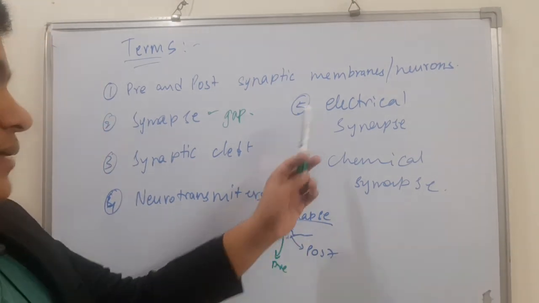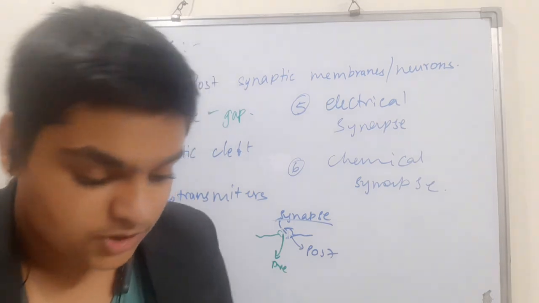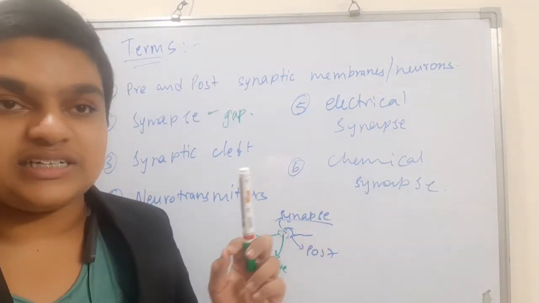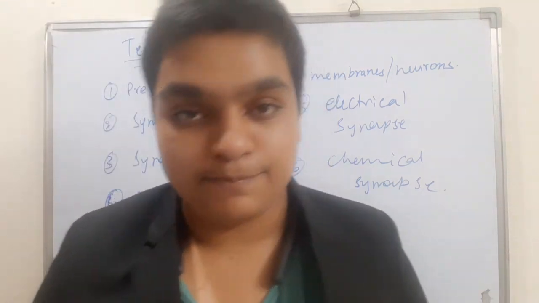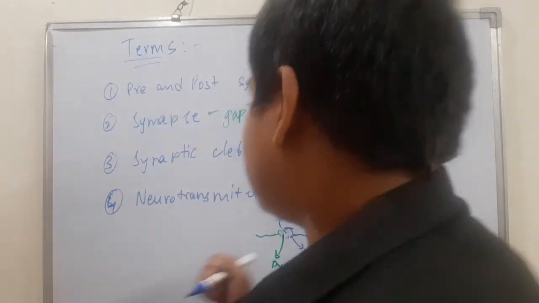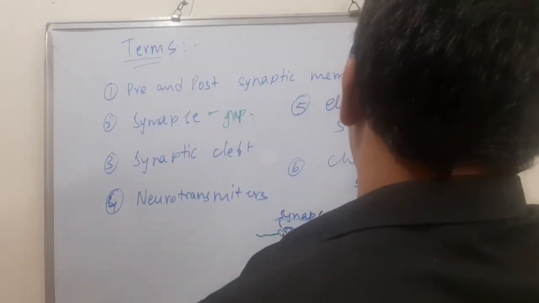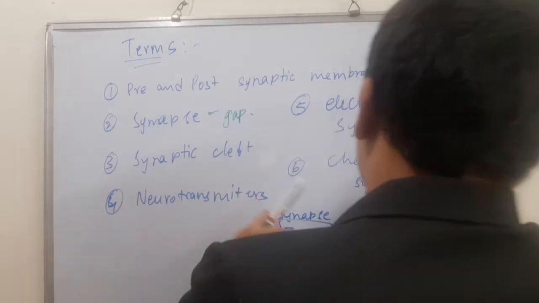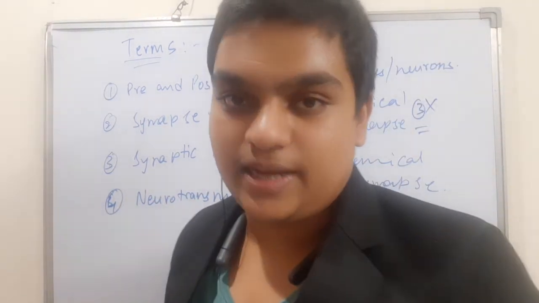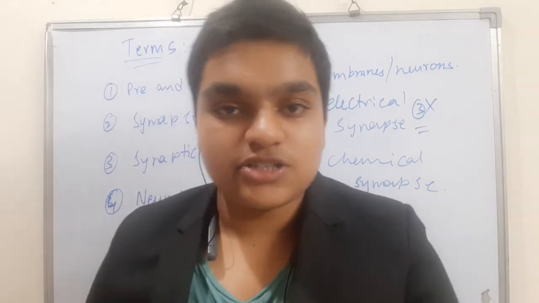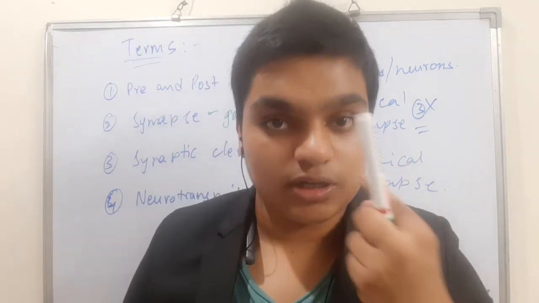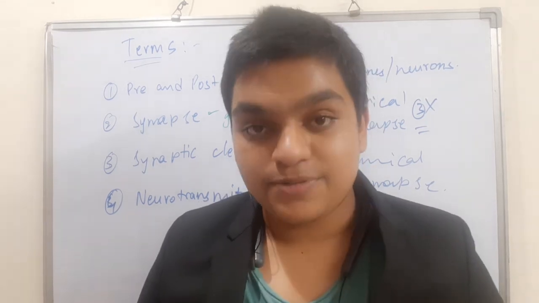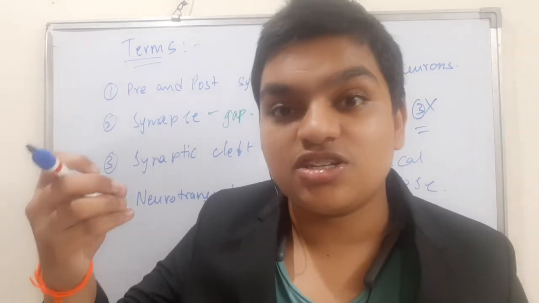Now coming to the electrical synapse and chemical synapse. The electrical synapse is a type of synapse in which the synaptic cleft, the third part, is absent. So there is no use of neurotransmitters, and the conduction is very fast.